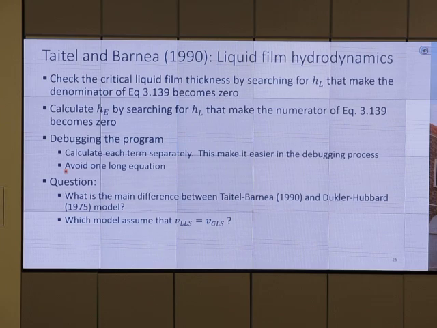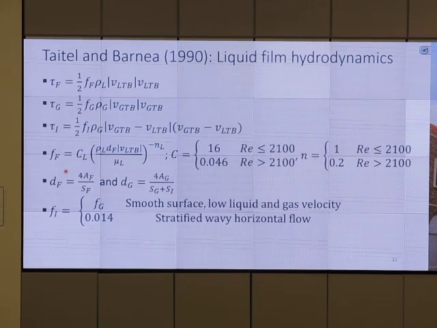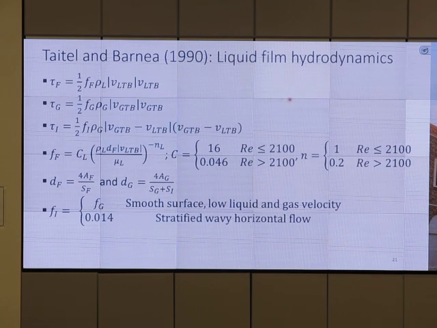It's a little bit more. So this equation, okay, let's go back to what we skipped earlier. The parameters in each equation, you do understand them, right? Tau F definition is the same. Tau G definition is the same. Use VGTB. Tau I is the same as stratified flow: VGTB minus VLTB, absolute value, multiplied by that.